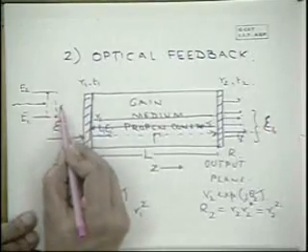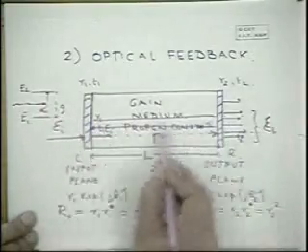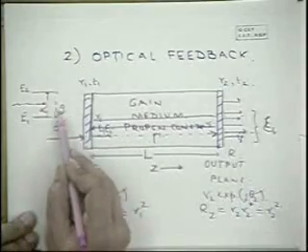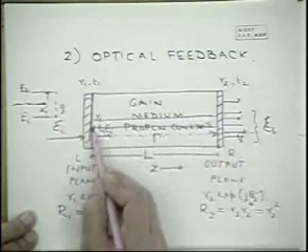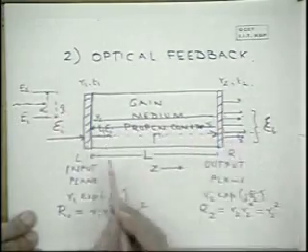The stimulated emission is giving you gain, and this is giving you absorption. So over this path length, the gain must be enough to offset not only this absorption, but also the losses at the mirrors.